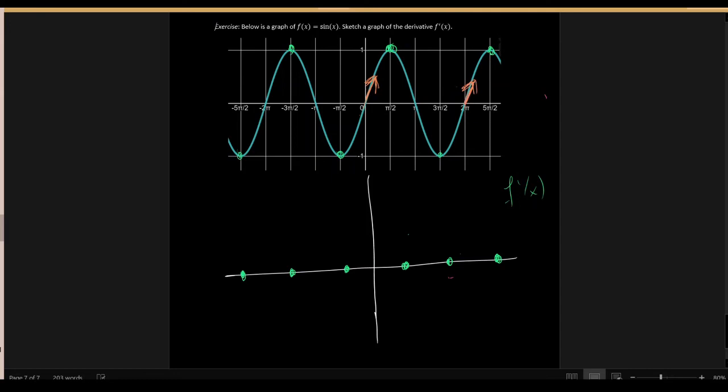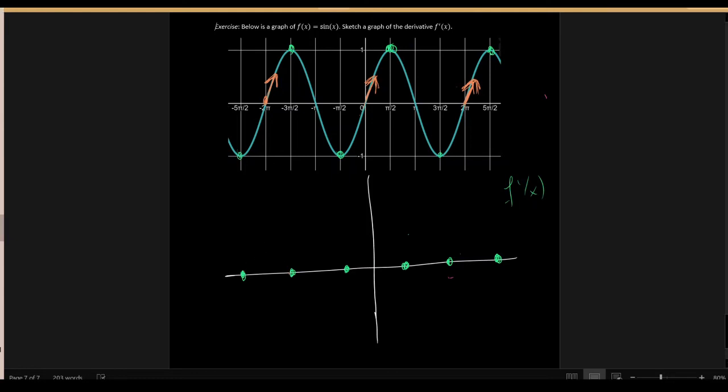The original function is pointed upward. Over here to the far left, the original function points upward. Now at all three of those locations, the derivative function is positive. So at all three of these locations, the derivative function is going to live above the x-axis.